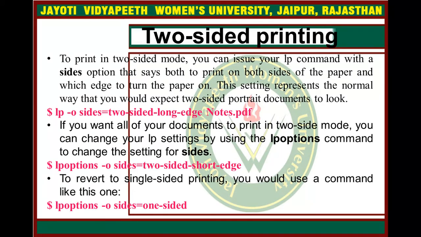Now two-sided printing. To print in two-sided mode, you can issue your lp command with a sides option that says to print on both sides of the paper and which edge to turn the paper on. This setting represents the normal way that you would expect two-sided portrait documents to look. So you have to write this command on the screen.